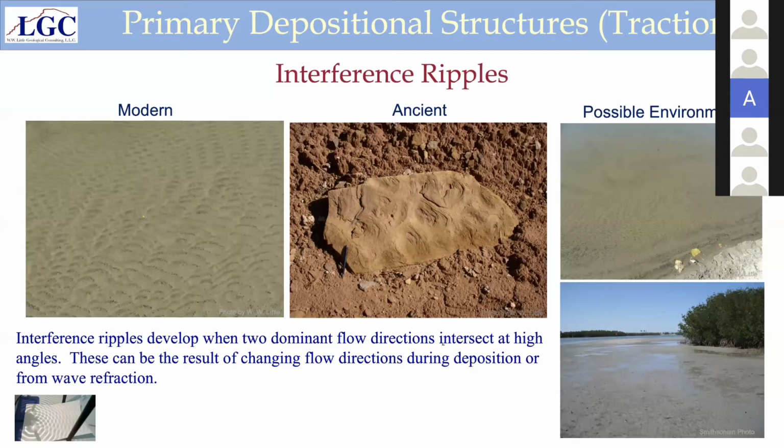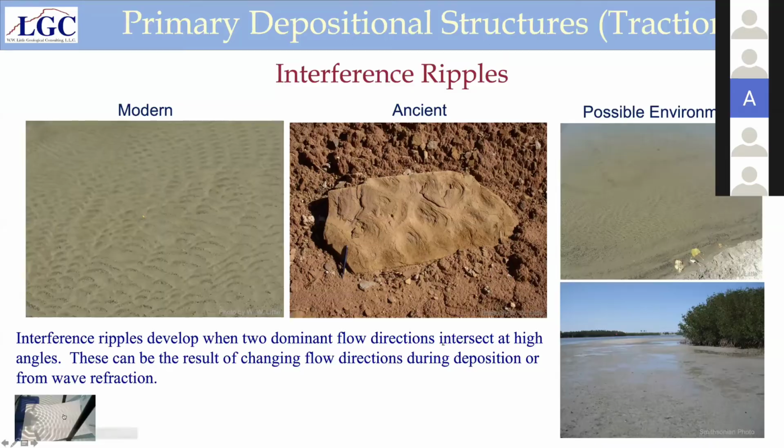And the way they are formed, I'll show you the video here in a moment, is that you have currents that are approaching them from different angles at the same time. And so if you look at the tidal flat picture in the lower right-hand part of the slide, you can see all the little ponds that are sitting there during low tide. As the wind blows across that, the waves will bounce off the margins of the ponds, and the wave energy will interfere with itself from the opposite sides.